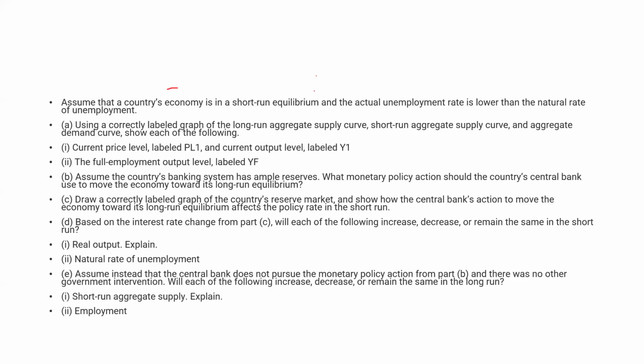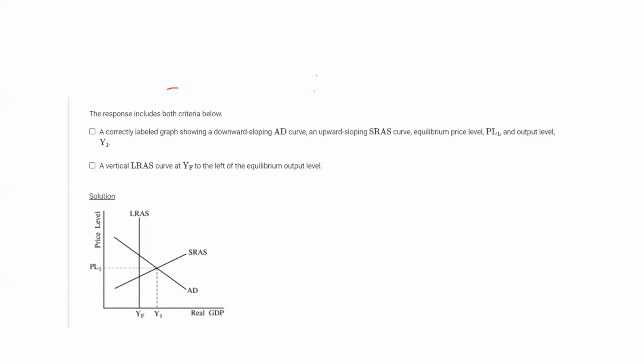So short run, supply shifts left due to an increase in wages. All right, what happens to employment? Well, we know real GDP, income, and employment go in the same direction. So if I'm going from Y1 back to YF, employment decreases.